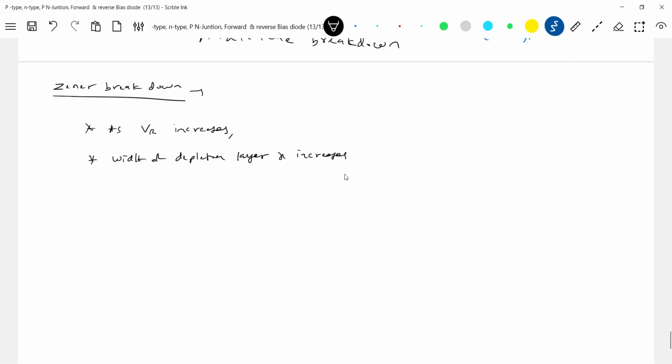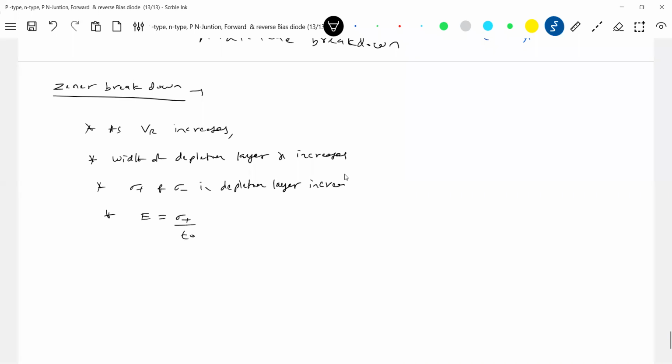If the width of the depletion layer increases, then sigma plus and sigma minus increase. Then we know that the electric field is contributed by the sum of both.